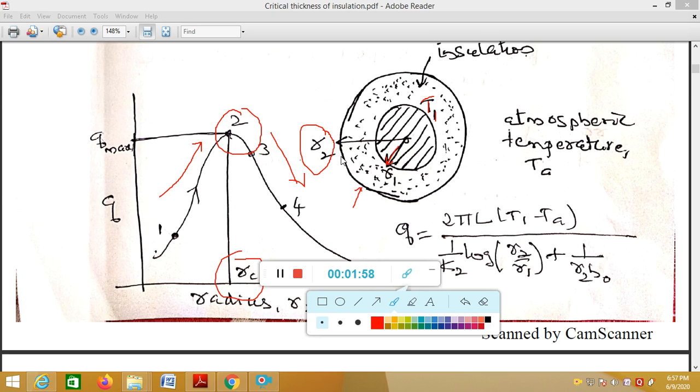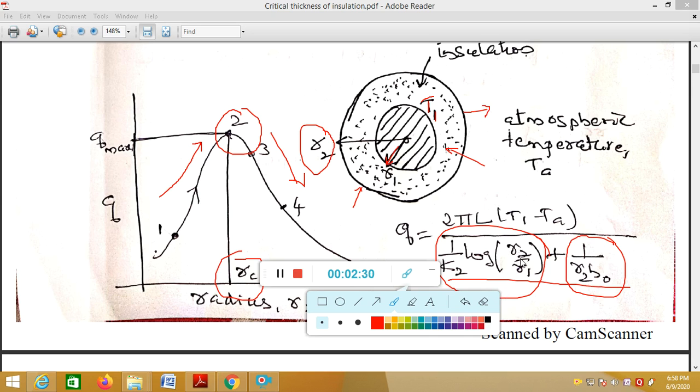As the thickness of the insulation goes on increasing, or when you go on increasing R2, the denominator has two resistances. 1 by K2 log R2 by R1 is the conduction resistance of the insulating material, whereas 1 by R2 H naught is the convection resistance between the outer surface and the atmosphere.